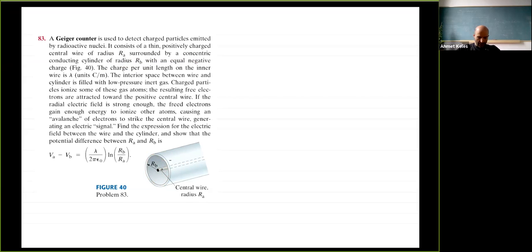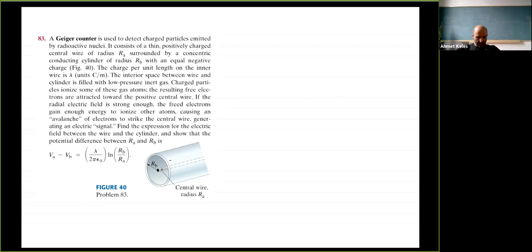The charge per unit length on the inner wire is lambda, in units of coulomb per meter, and the interior space between the wire and the cylinder is filled with low pressure inert gas.